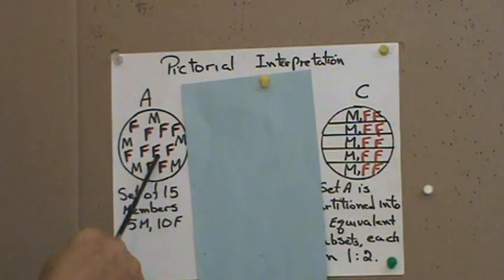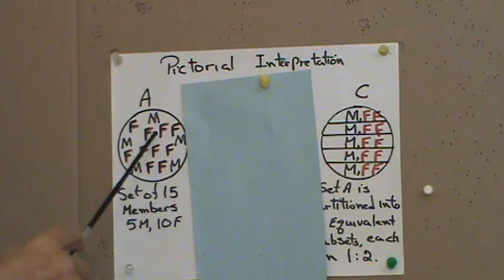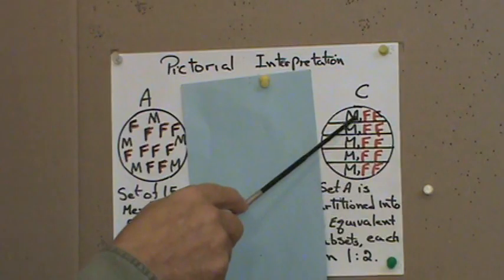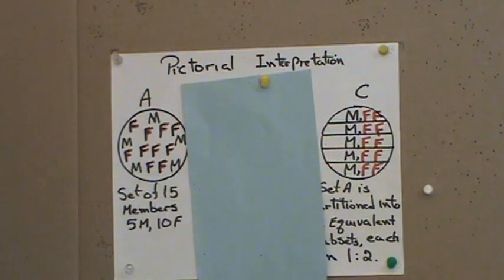Now going back to this, what I do know about this set of 15 members is that they are in the ratio of 1 to 2. So I take that premise and partition this set into subsets, each subset consisting of 1 male and 2 female. And I end up with 5 of them: 1, 2, 3, 4, 5. You follow me?